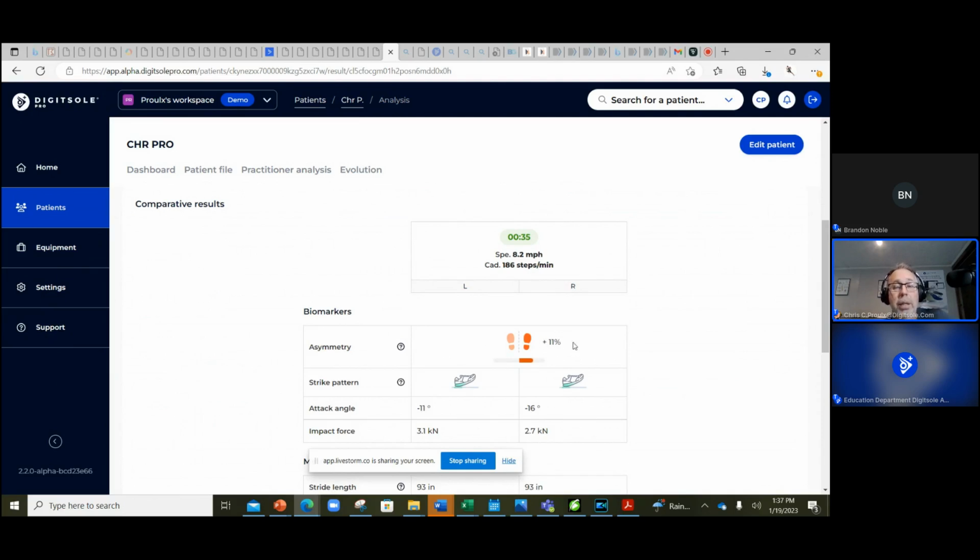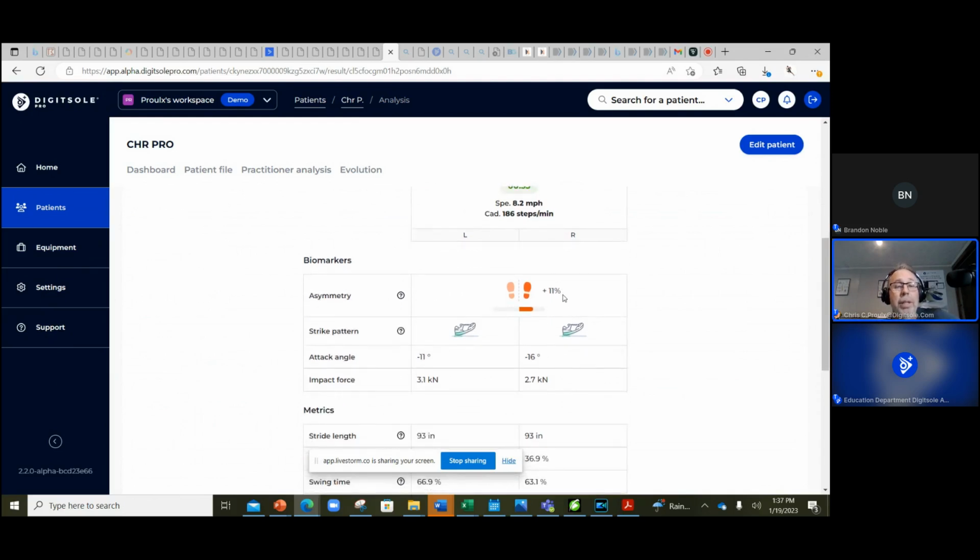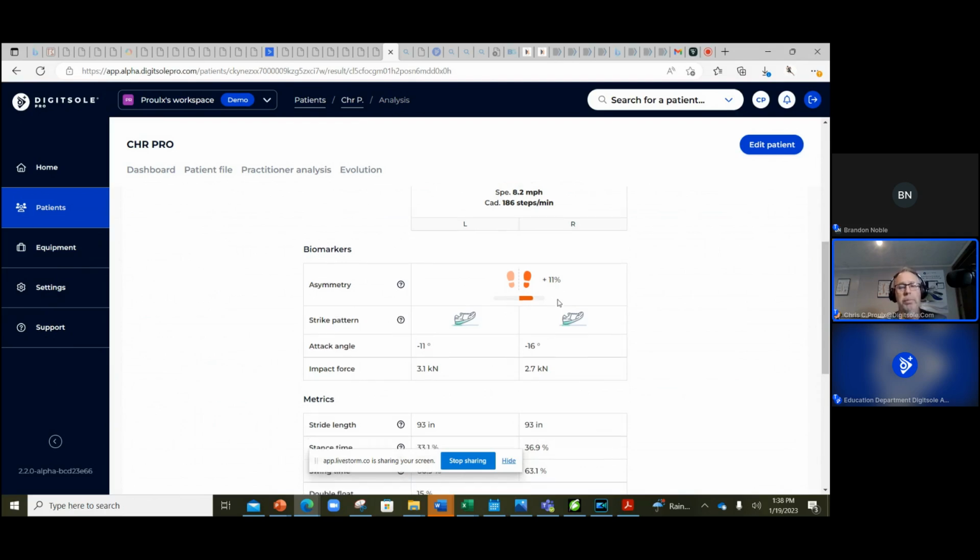And again, this is the side that we're not having a problem on, right? Even though a lot of people look at that and think, well, I wonder what's going on. It's not that they're spending a lot more time in ground contact. It's that the other foot's not spending enough time in ground contact. And they're not getting the benefit of being able to generate force or power to turn that step over as quickly.